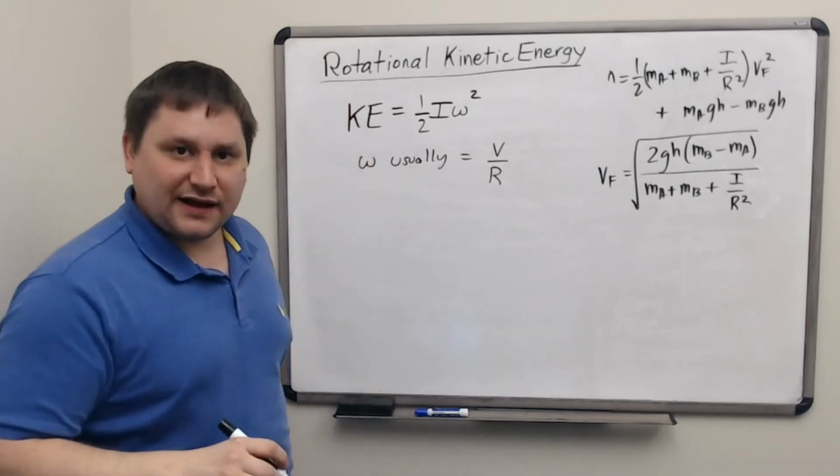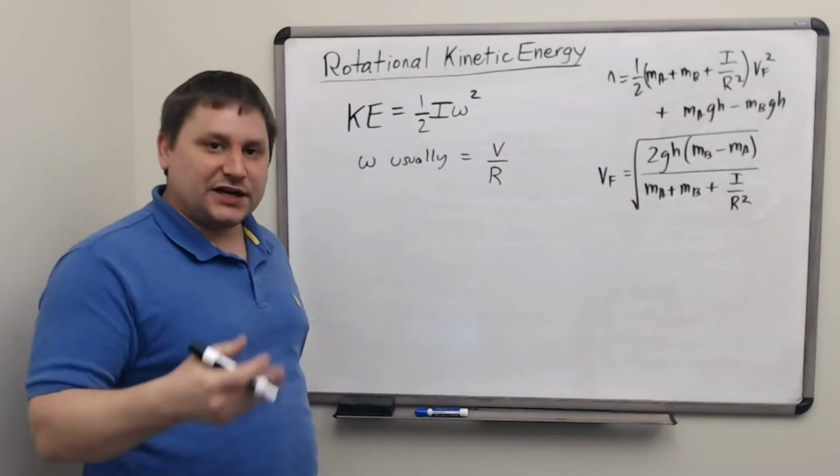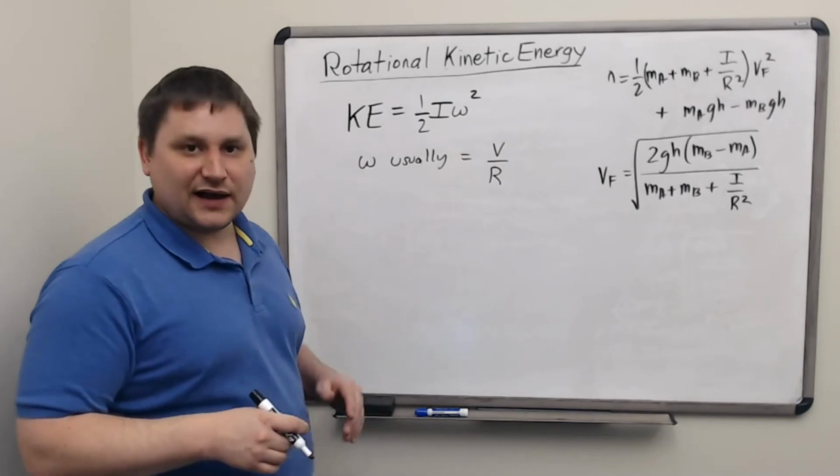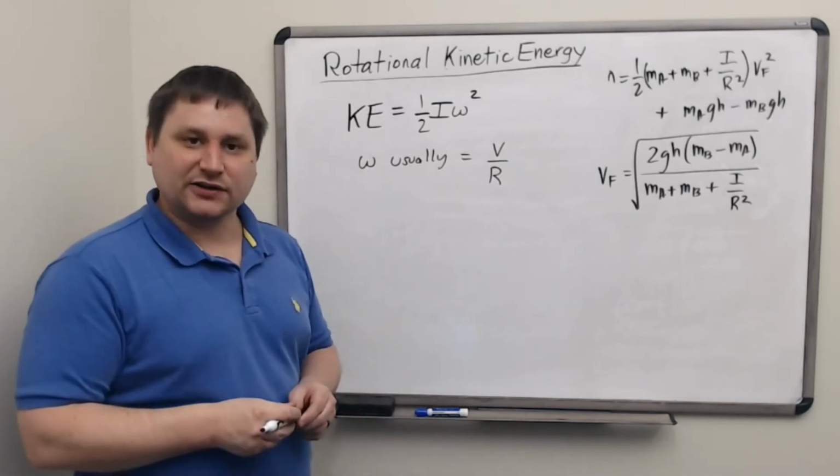And this angular velocity can usually be linked up with a linear velocity divided by some radius, with a positive or negative sign that you have to figure out mostly by looking at the diagrams.